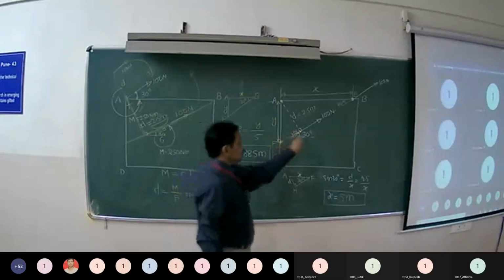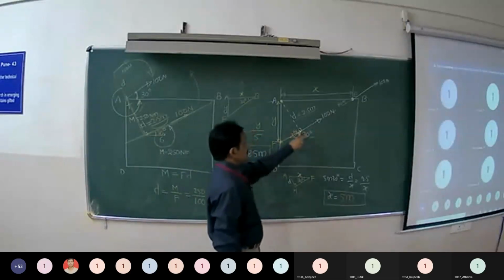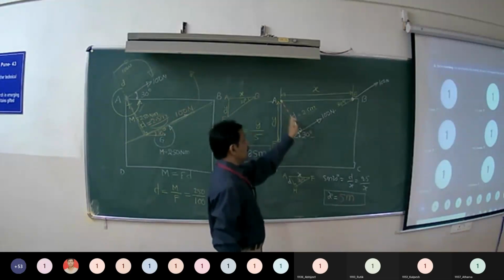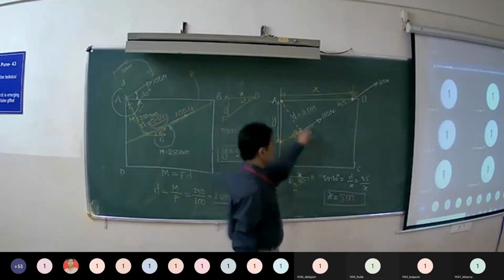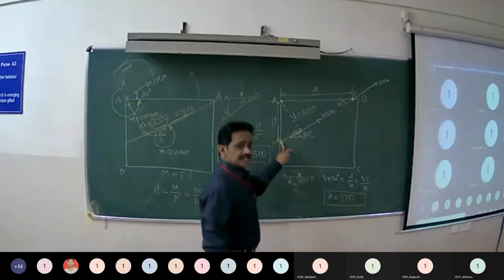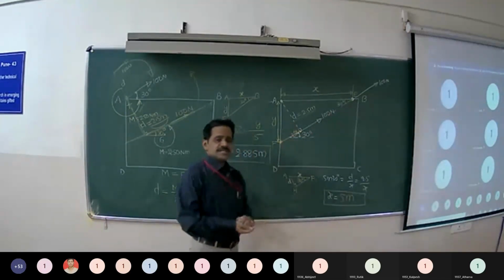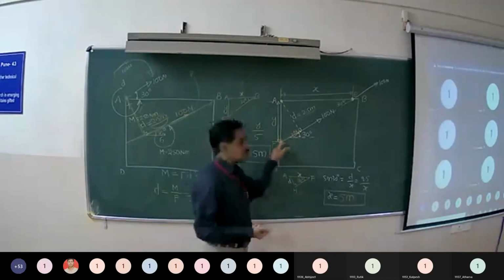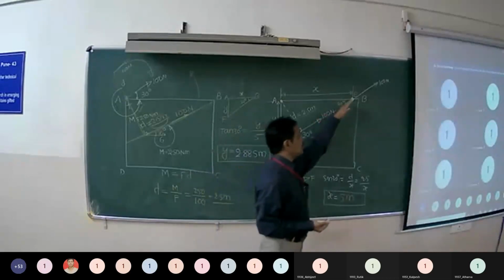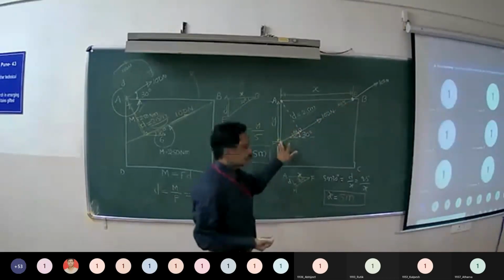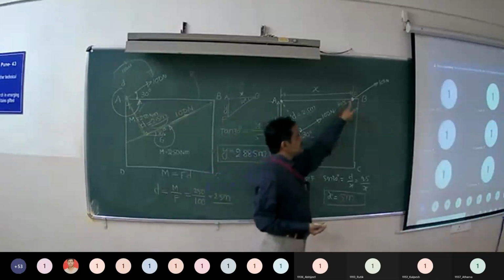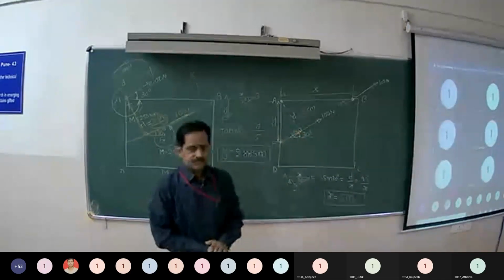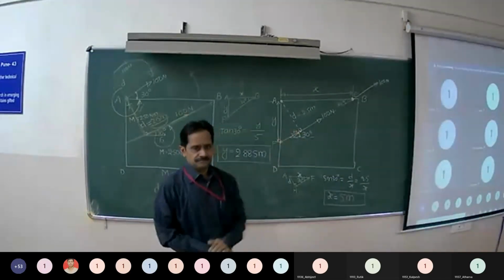Or the force is acting at point H at a perpendicular distance of 2.5 meters from A. So to define the point where it is acting, as per the principle of transmissibility of forces, if a force is acting at a particular point, that force can be assumed to act at any other point along the same line of action. So from F to E, you can consider any point on the line of action to define where it is acting.